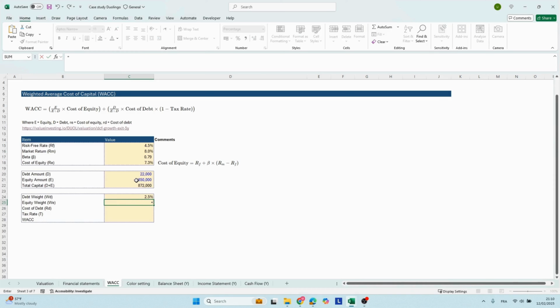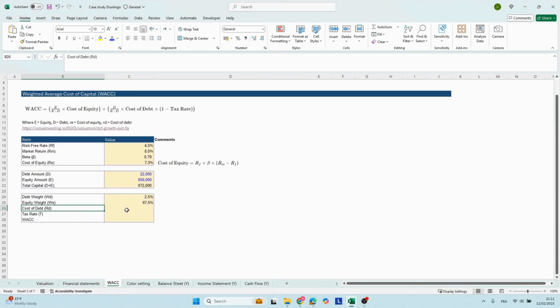Then we have equity divided by the total, and we get 97.5%. That means the external money used in its business comes from equity, from shareholders, and it relies only 2.5% on debt, that is, borrowing money from the bank.